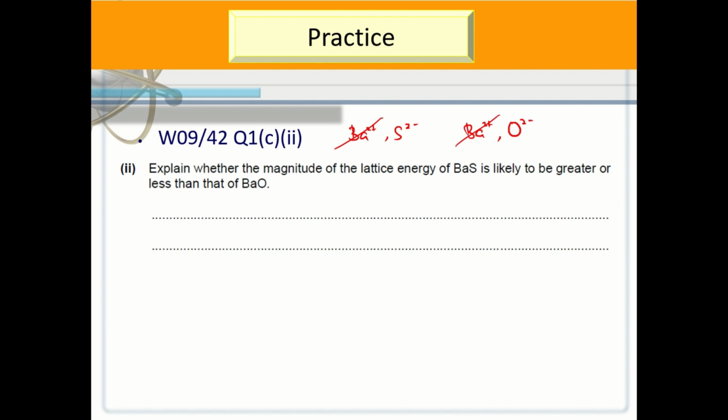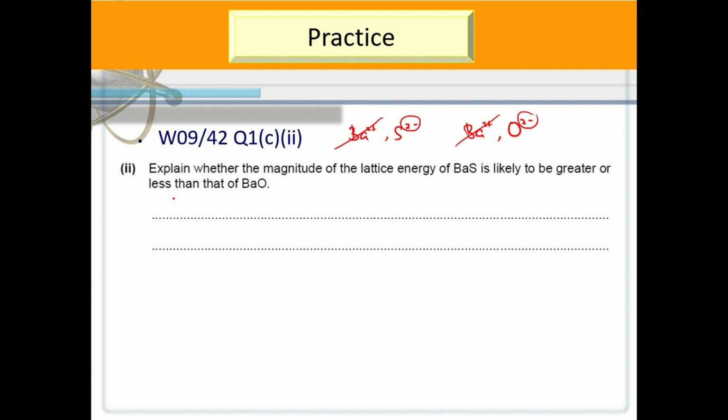One of them contains sulfide ion, the other one oxide ion. Both sulfide ion and oxide ion have the same charge, -2. So we should compare the size of these two anions. Oxygen and sulfur are both in the same group, group 16 in the periodic table. Oxygen is in period 2 and sulfur in period 3.